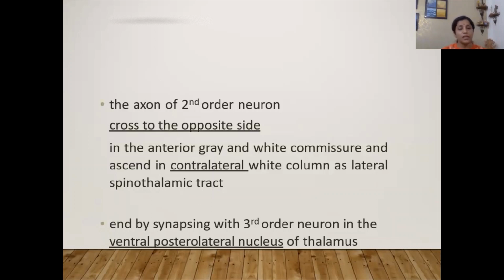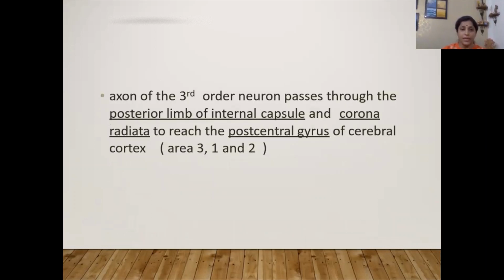Now it synapses with the third order neuron in the thalamus, as we have all seen, and the third order neuron originates and terminates on the sensory cortex. The third order neuron passes through the posterior limb of the internal capsule.